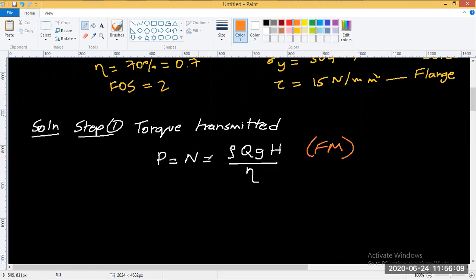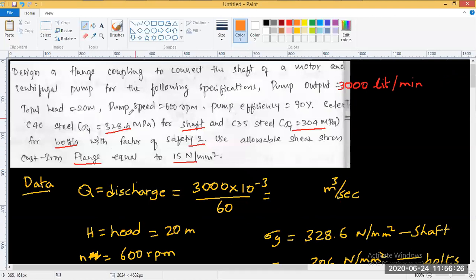This formula gives us power depending on pump discharge and height, which is head. g is just acceleration due to gravity, and rho is just the density of the fluid.